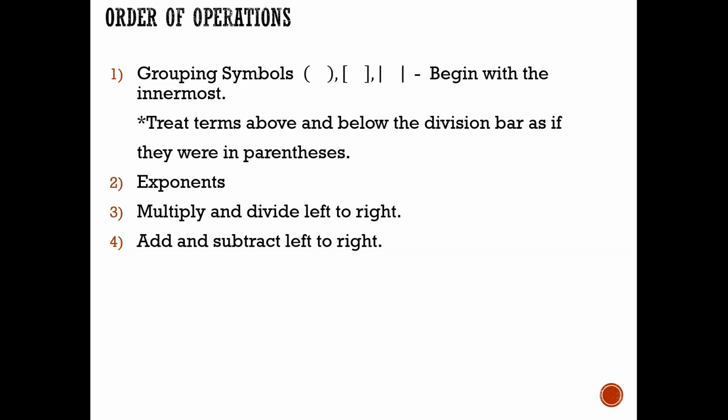Many of you probably learned order of operations in a previous math class, and maybe you learned it by PEMDAS, or maybe you learned a saying like, "Please excuse my dear Aunt Sally," something like that to help you remember the order. And the P stood for parentheses.